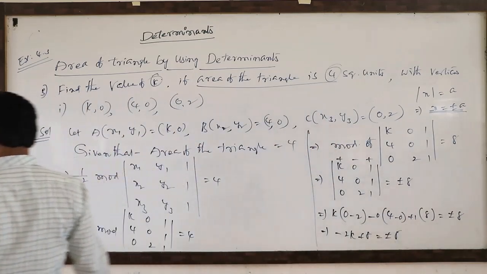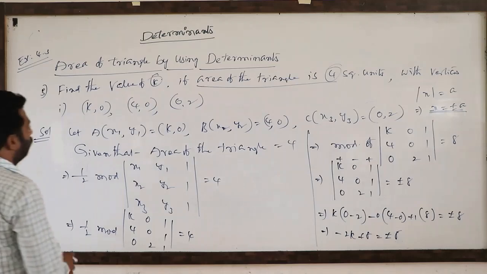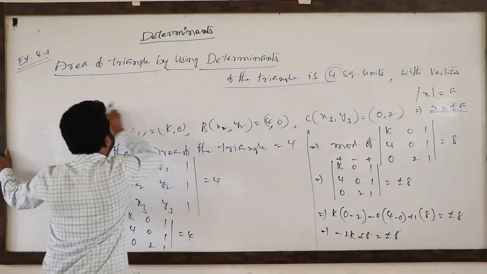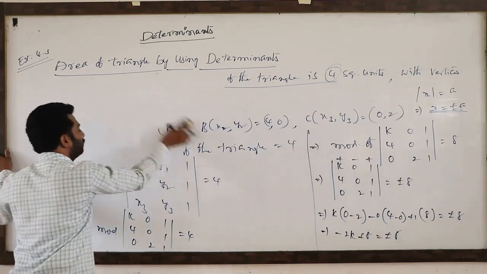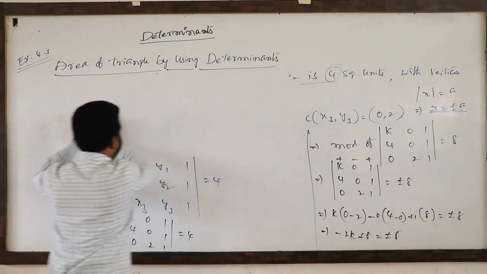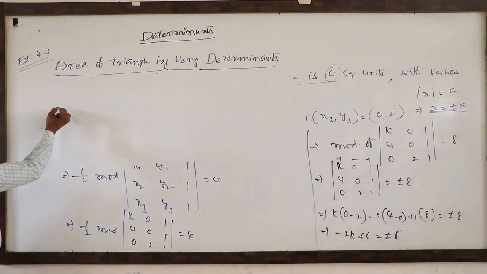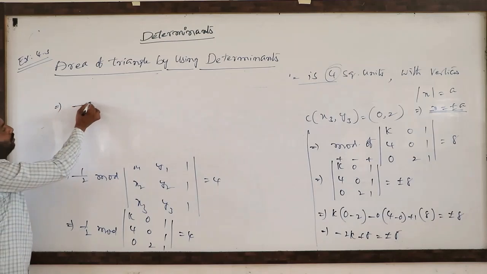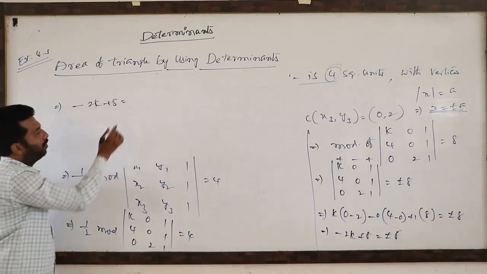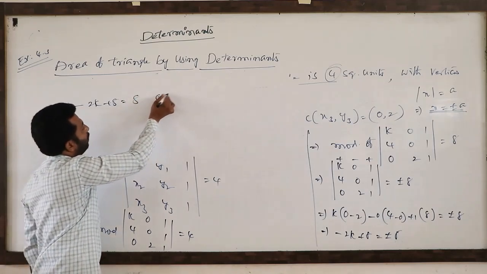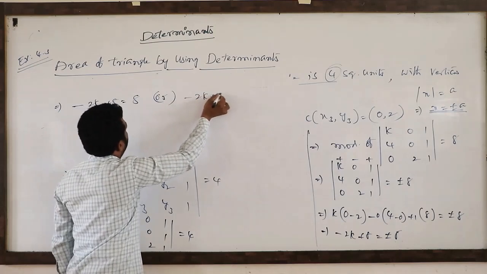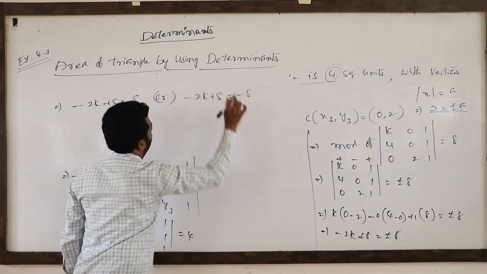So two cases we have to consider. What are the two cases? You observe. One is positive: minus 2k plus 8 equal to plus 8, or minus 2k plus 8 equal to minus 8.